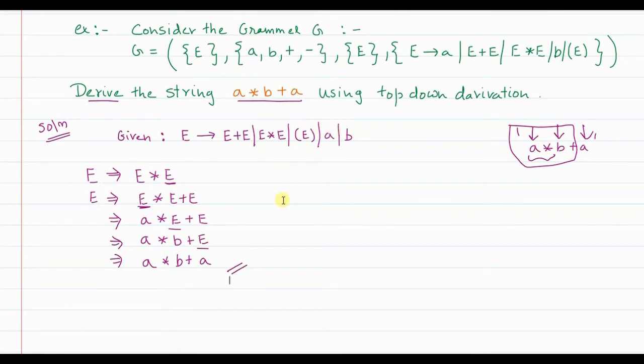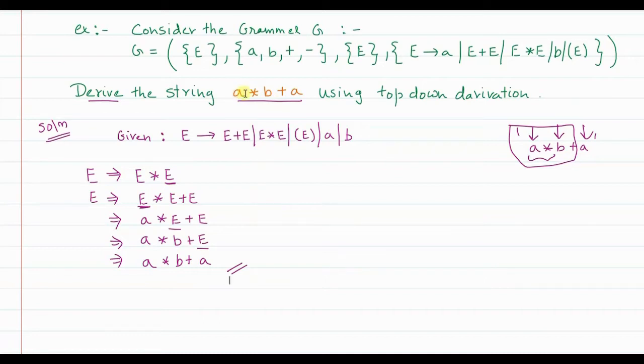Now what has happened at the end of the derivation? I started with the start symbol. Every time I replaced each non-terminal with its right-hand side, and finally I reached a point where all the non-terminals were exhausted. There is no non-terminal here.